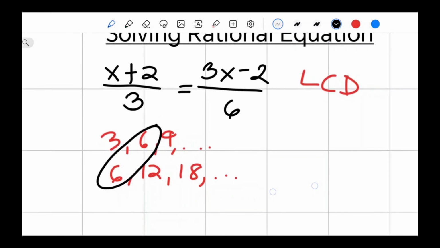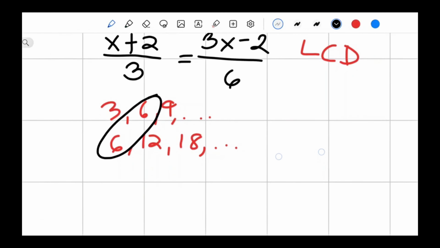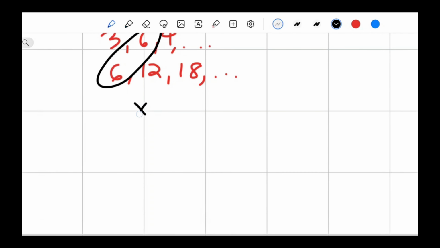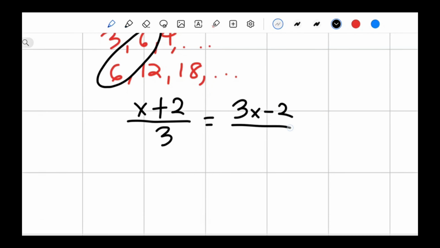Okay, so we want to multiply the equation by 6. So we have (x + 2)/3 = (3x - 2)/6. We will multiply both sides by 6.